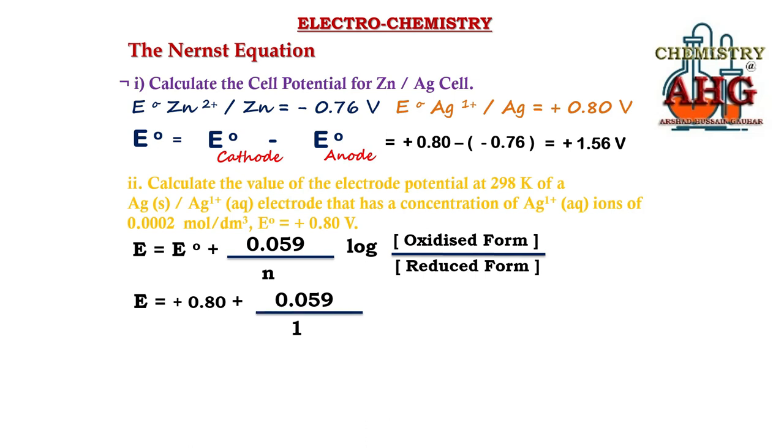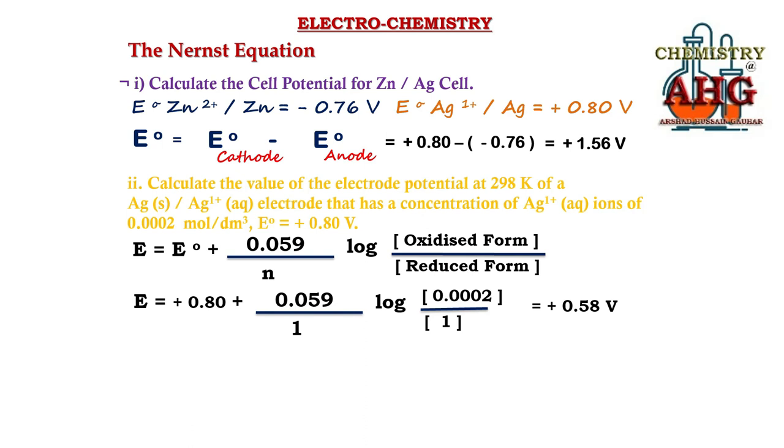Log of the concentration of the oxidized form is 0.0002, and the reduced form is silver solid, its concentration will be taken as 1. Just calculate it, and you will get the new non-standard electrode potential for the silver half cell, and it is positive 0.58 volt. So you can see the non-standard electrode potential of the silver half cell has been reduced from positive 0.8 to positive 0.58 volt.